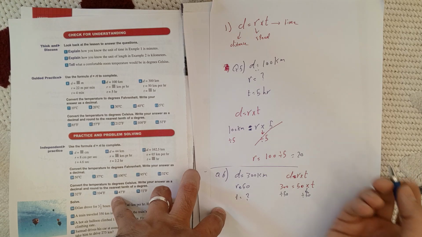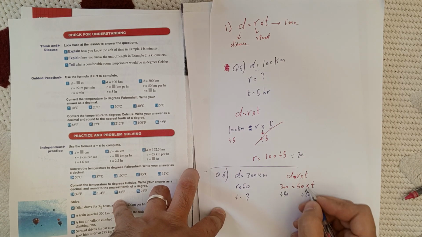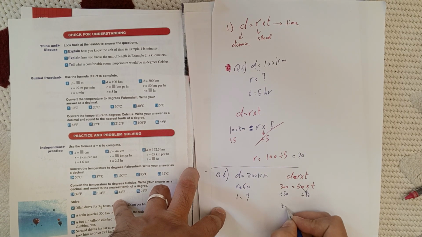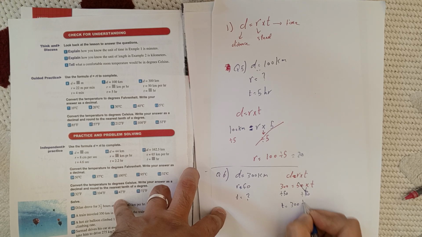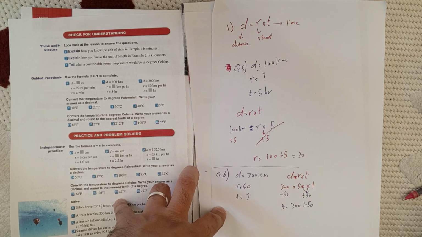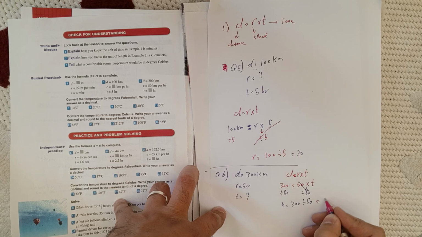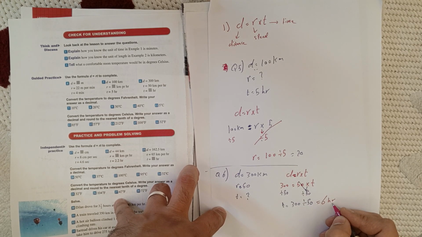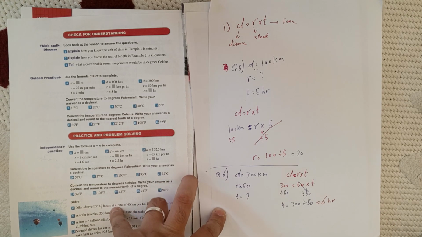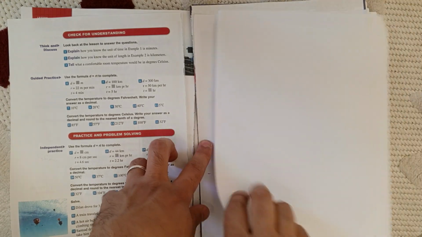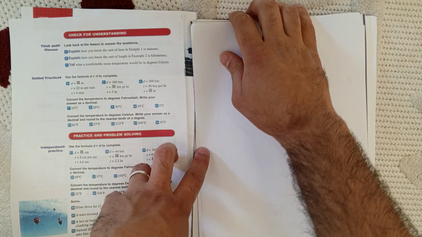What you did on this side, do the same thing for this side. So T is 300 divided by 50, and it's going to be 6 hours. It's so easy, you just need to memorize the formula D is equal to R times T.